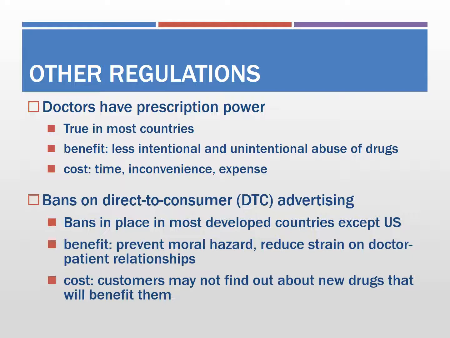Again, stricter restrictions on direct-to-consumer advertisements have benefits and costs, as follows. The benefit of stricter regulation is to prevent moral hazard. In general, we don't want patients to push the moral hazard level higher.